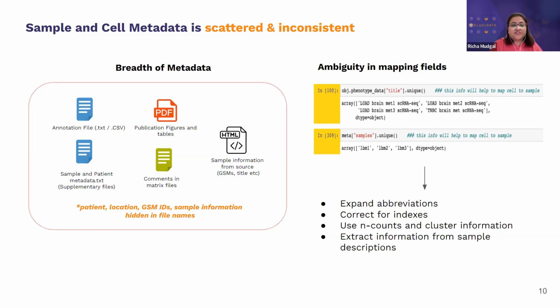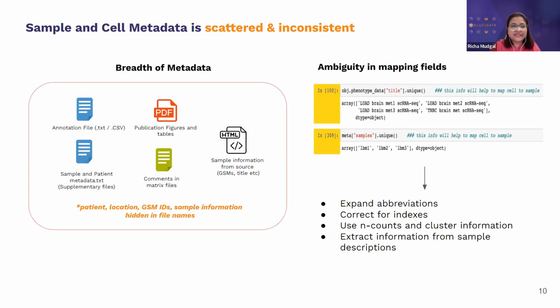One very interesting example we saw sometimes is where there is a sample description which encompasses a lot of information that may not be available for the sample, but if you split that data itself, we would be able to get more information. There are examples where the mapping is not very easy between the cell metadata that we have found versus the sample. There would be differences in how they define the sample ID.